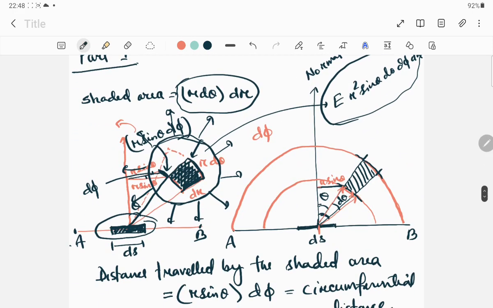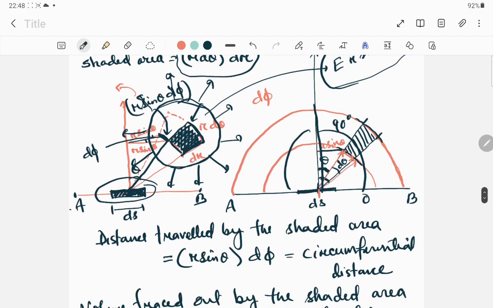You can see this is your theta. If you look at symmetry, this side angle goes from 0 to 90 degrees, and the same applies to this side also. So theta will go from 0 to pi by 2.